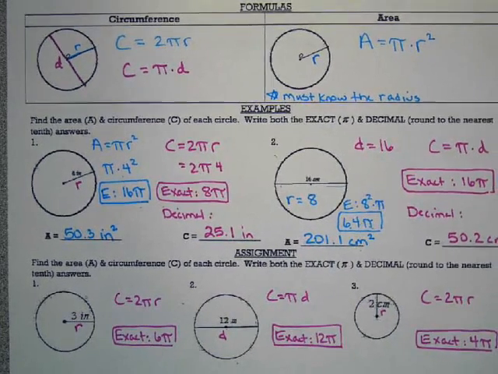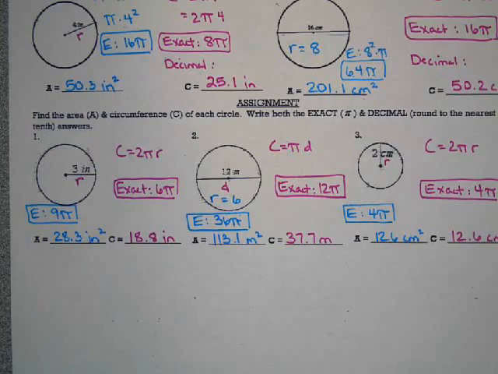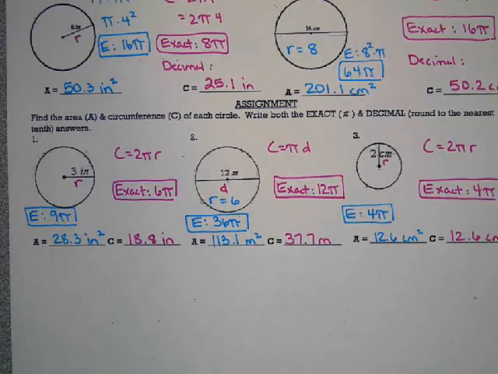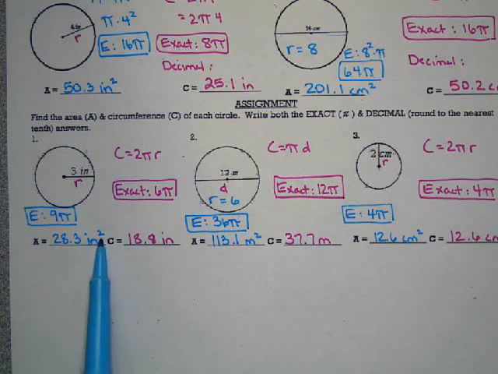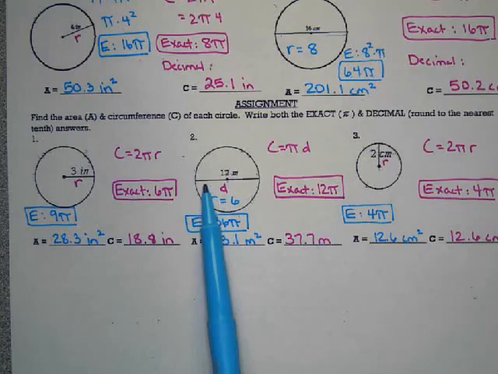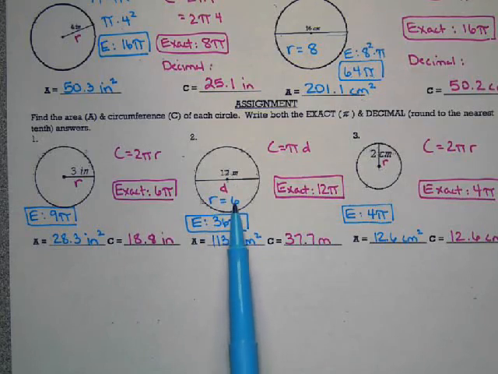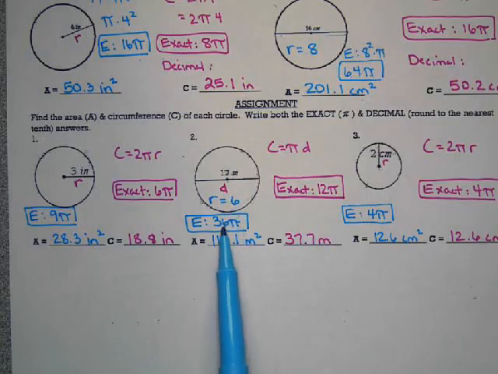Okay, so, for the exact answer for number 1, 3 times 3 is 9. So the exact answer for area is 9 pi. And then 9 times pi in your calculator, 28.3 inches squared. For number 2, diameter was 12. You need the radius. That's 6. 6 times 6 is 36. So your exact answer, 36 pi.